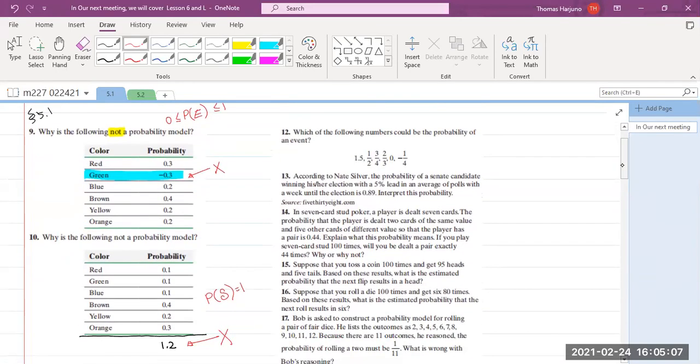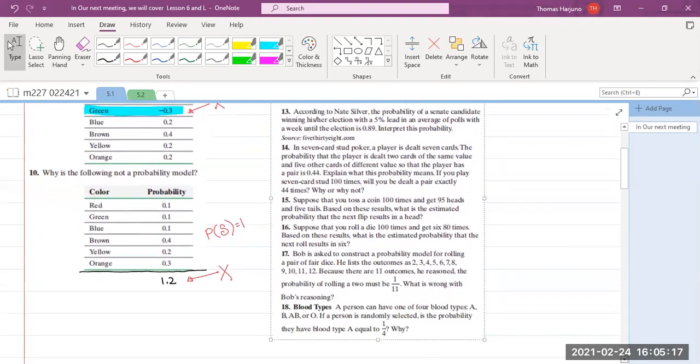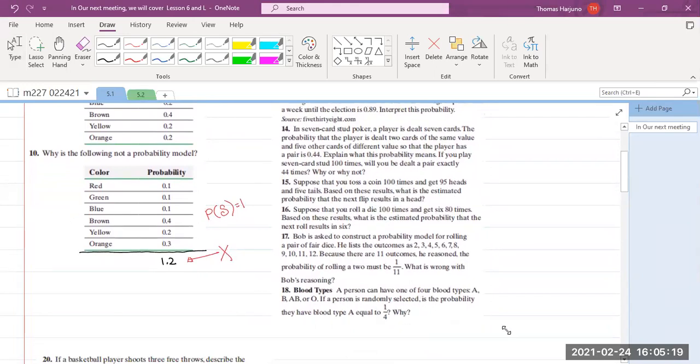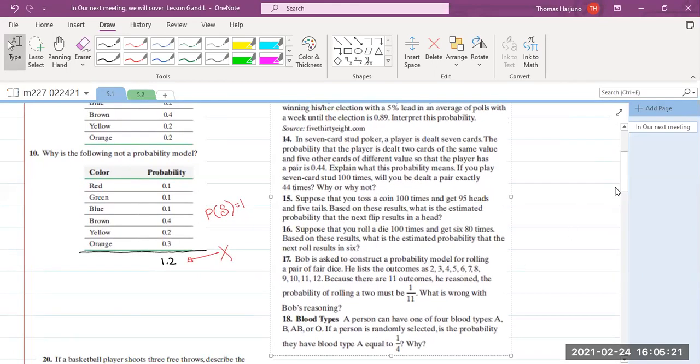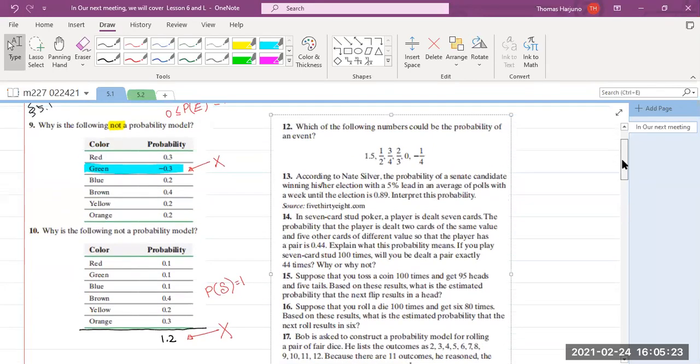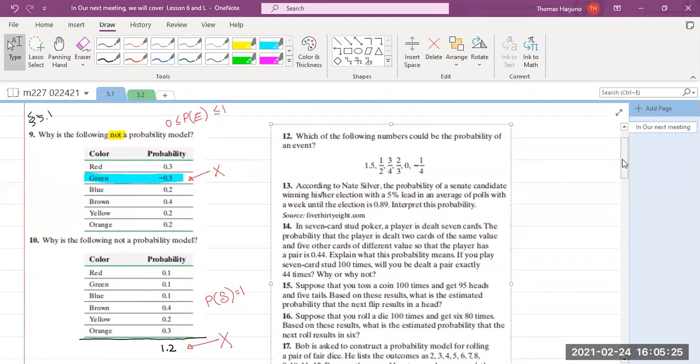Number 11, which of the following numbers could be the probability of an event? Let me enlarge this. Now we know the probability of an event has to be between 0 and 1. So which of the following can be the probability of an event?